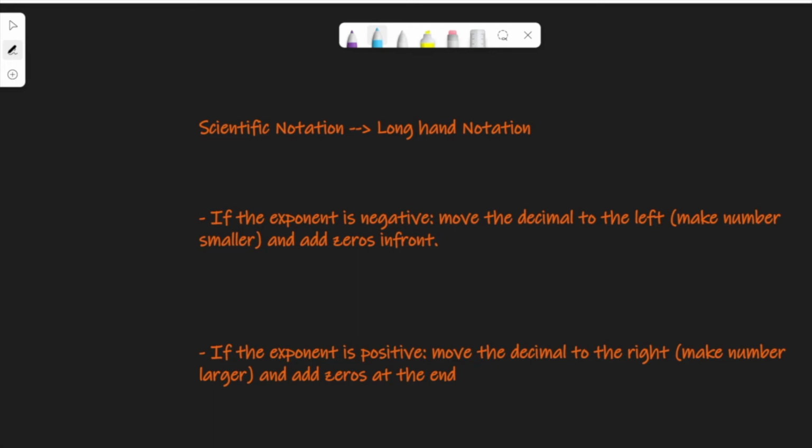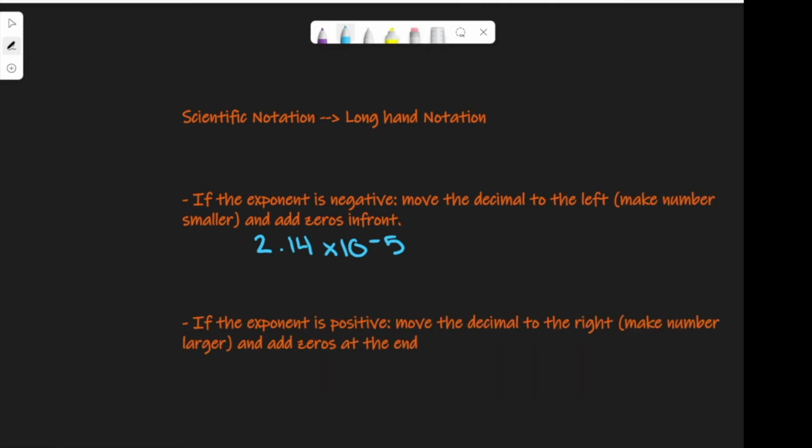Let's say that I have 2.14 times 10 to the negative 5th. Again, since it's negative 5, that means that this number is going to be smaller. I'm going to take my 2.14 and move my decimal to the left 5 times. 1, 2, 3, 4, 5.